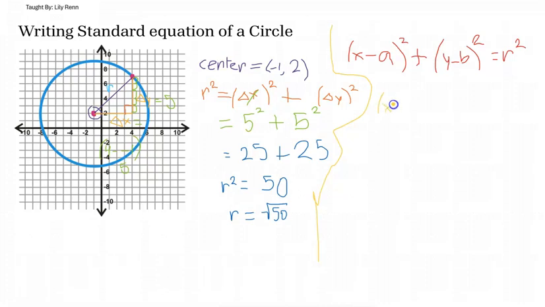X, and then our A is -1, so we'd write minus -1 squared, plus y, and our b would be 2, so minus 2 squared equals, and we know that r squared is 50, so we can just leave it at that.